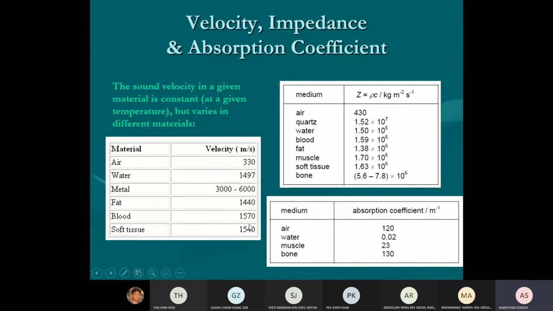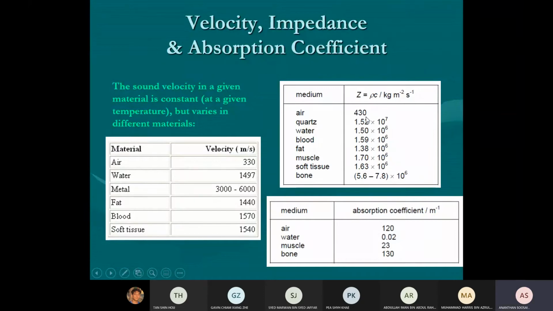So you can see now, if ultrasound passes through your skin, soft tissue, and then gets into the stomach, but the stomach has a lot of air. Soft tissue is 10 to the power of 6, air is 430. A big difference, you know.